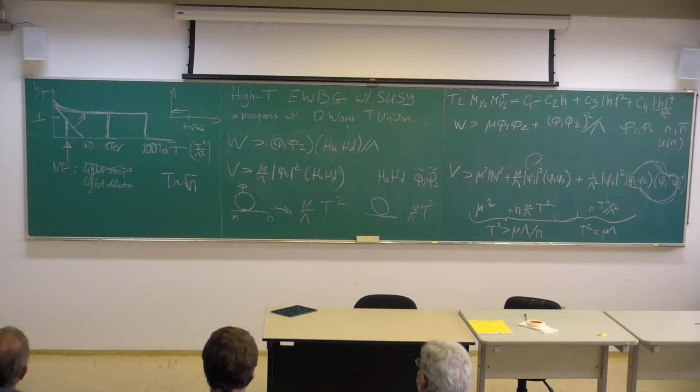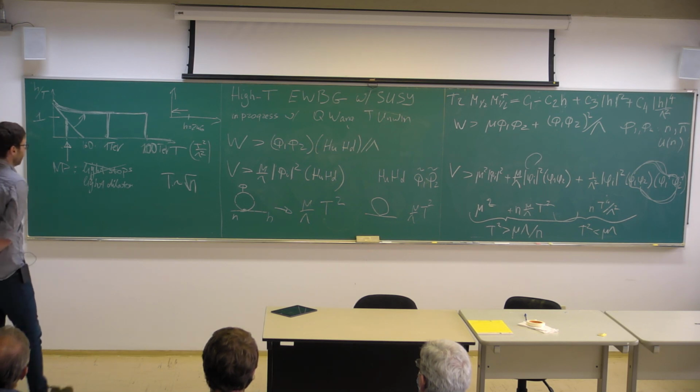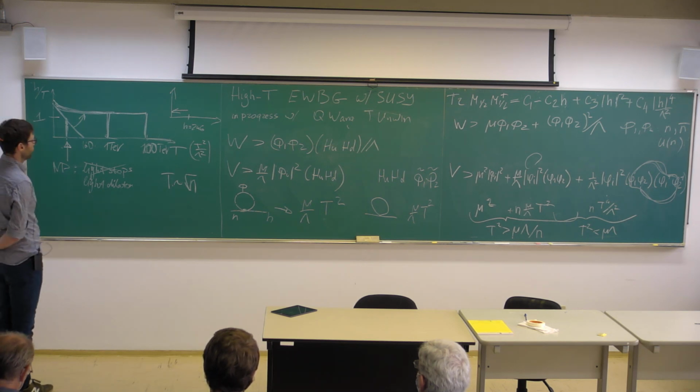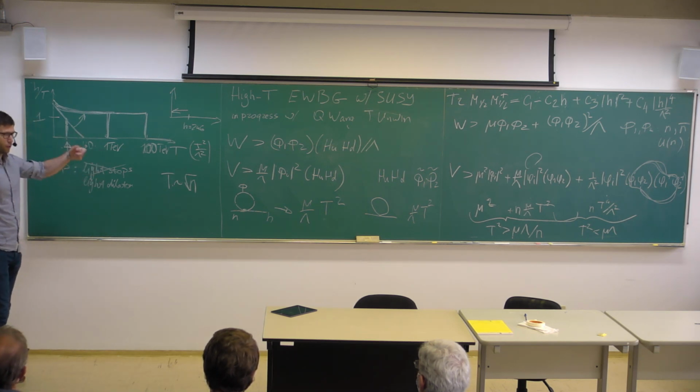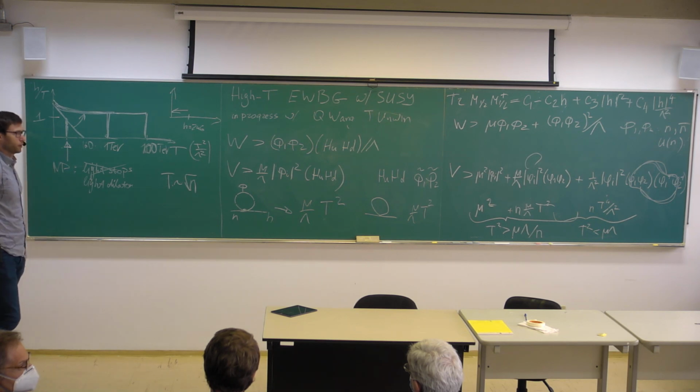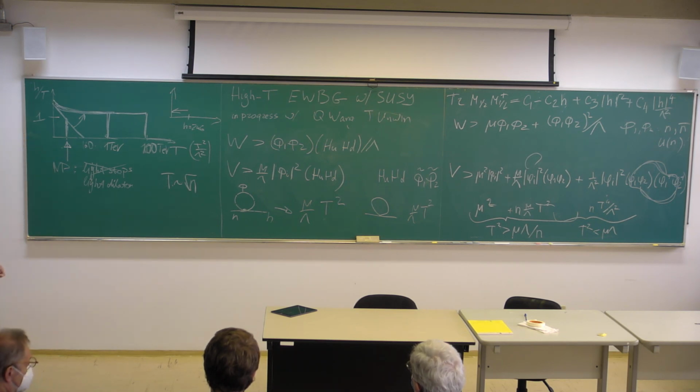So you still have all this new physics at low temperature, and if you want sizable CP violation at those temperatures, the high dimensional operators that you introduce cannot be suppressed by very high scales. Otherwise you will not get CP violation at this temperature.